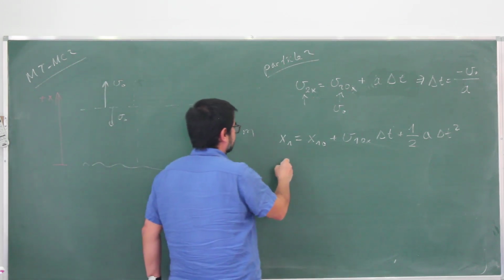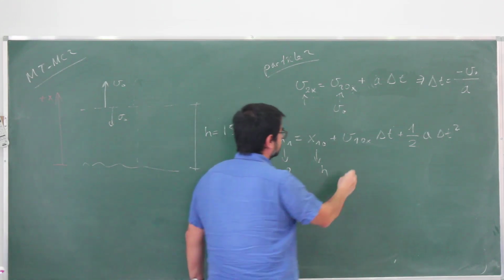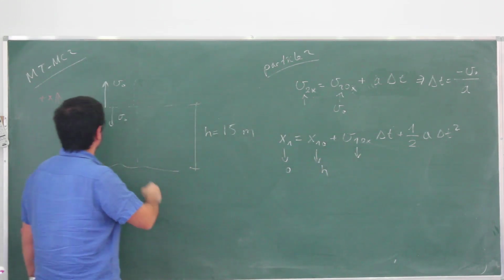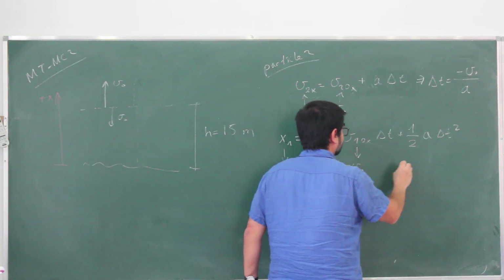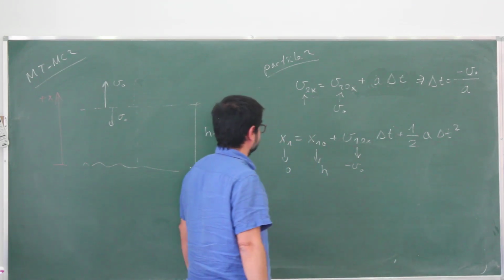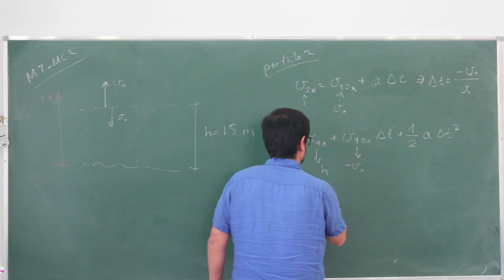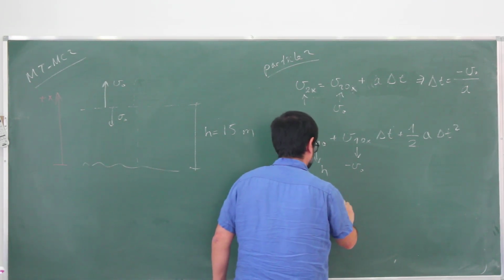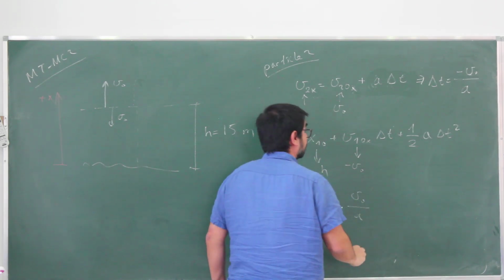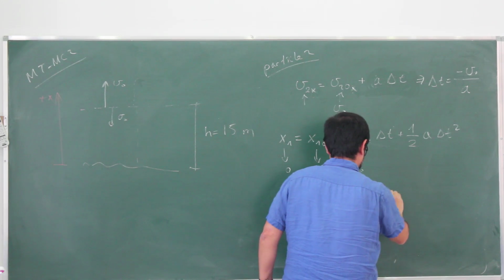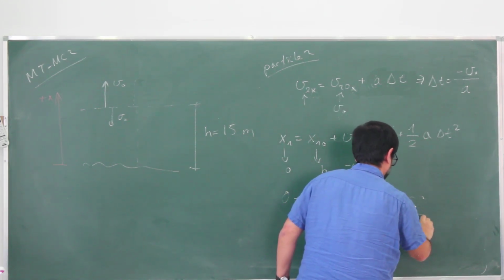So this one, x1 is 0. This one is h. Now this one starts with a downward velocity, so it's minus v0. And delta t is something I'm going to substitute from over there. So 0 equals h minus v0 times delta t, which is minus v0 over a, plus 1/2 v0 square over a square.